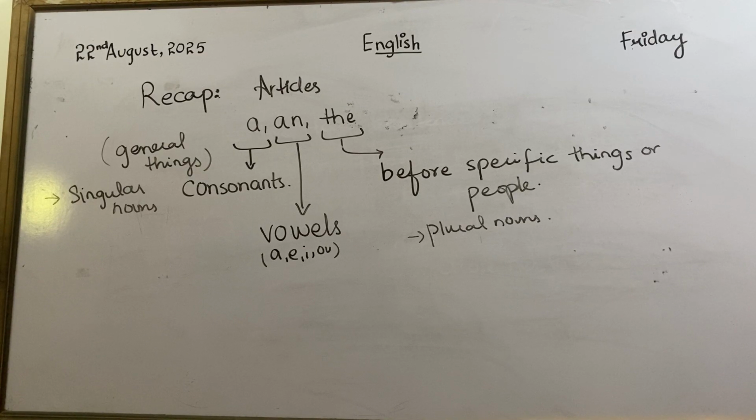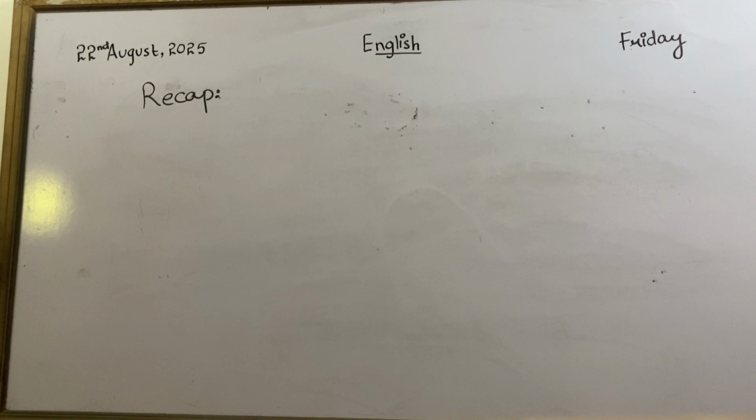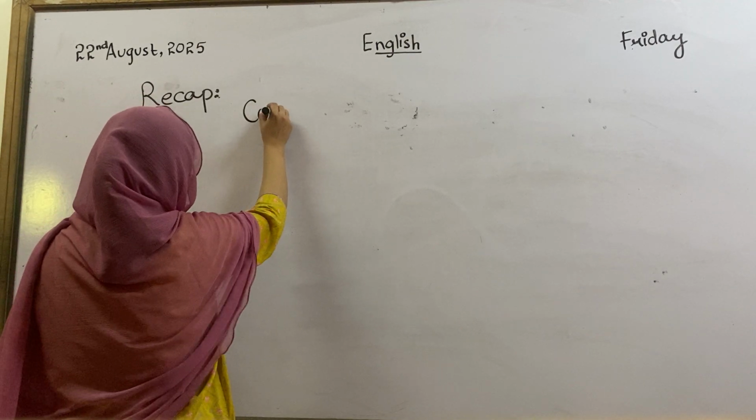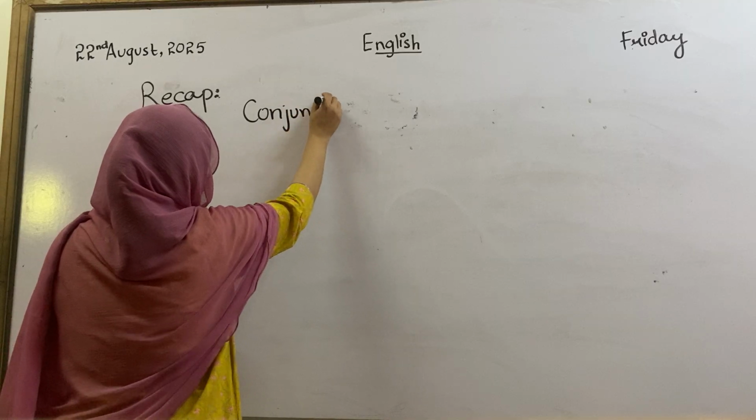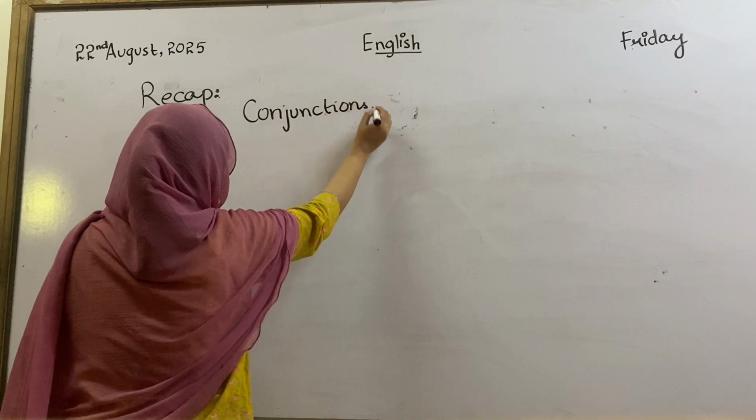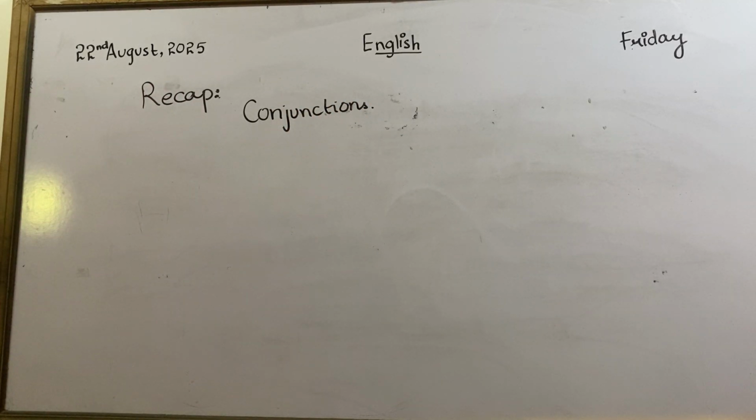So what about conjunctions? What are conjunctions? Where do we use conjunctions? What is conjunction? You can get it from its name. Conjunctions are the words that we use to join two sentences. Alright?